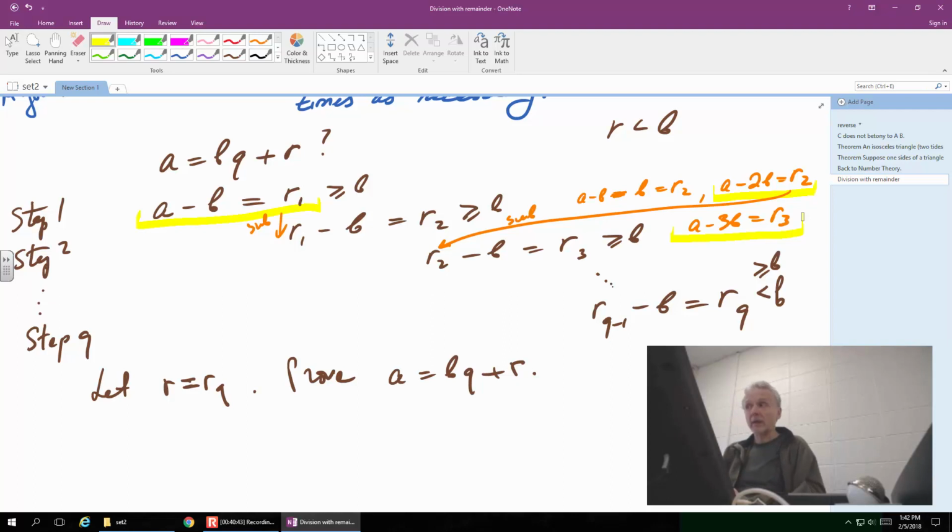Then A remains, and the index is the same as the factor of B. So after Q steps, what is my equation? A minus QB is equal to R_q, right? And that's the same. So we have what we wanted.